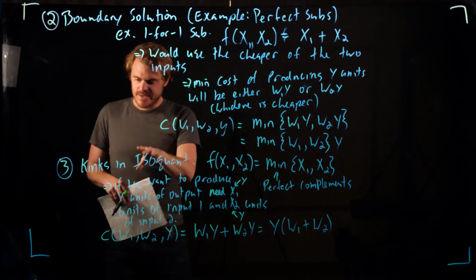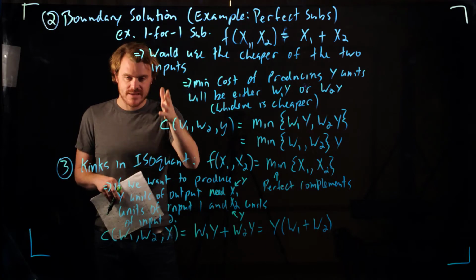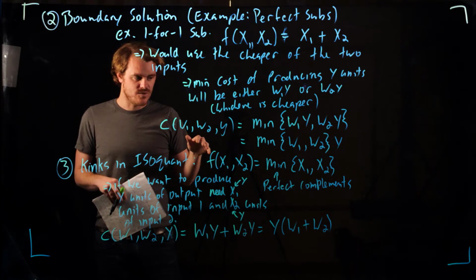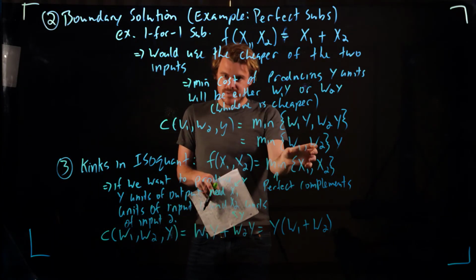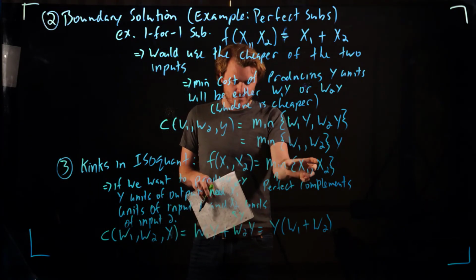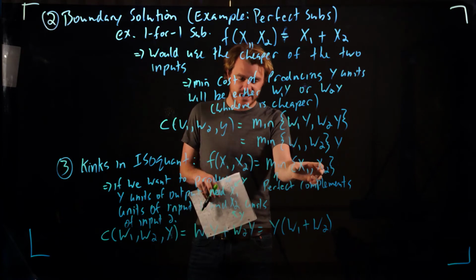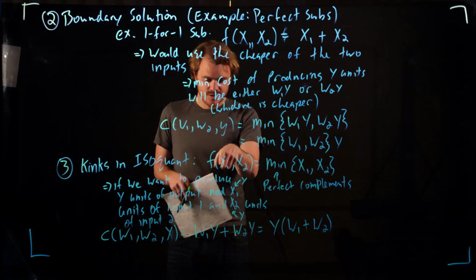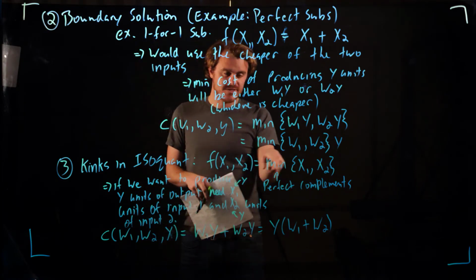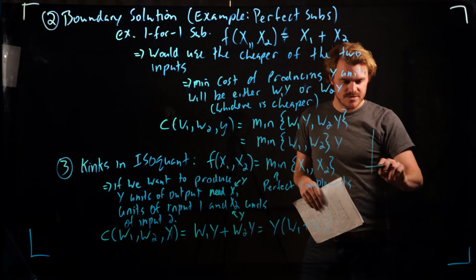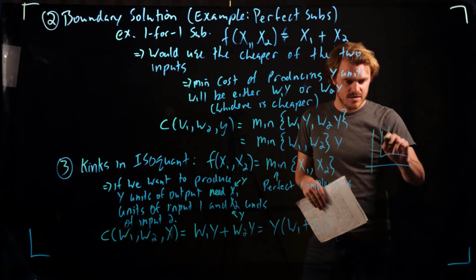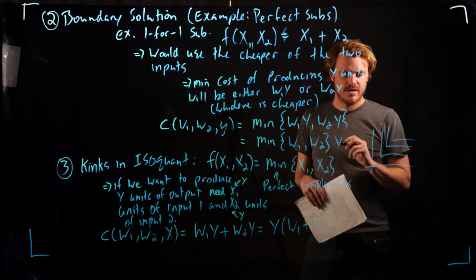And finally, we have this third category. We have kinks in the isoquants. An example of this is perfect complements, and here we need one of each kind of input to produce one output. It's the minimum number, so it's like we have these right angles in terms of our isoquants.